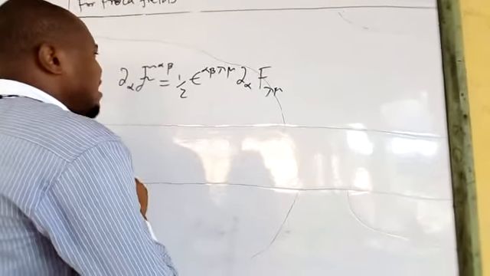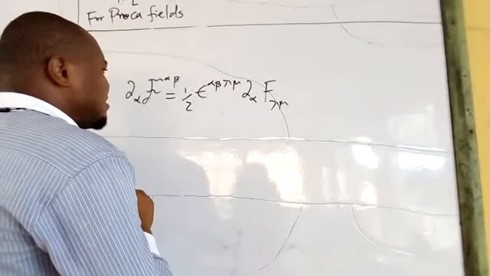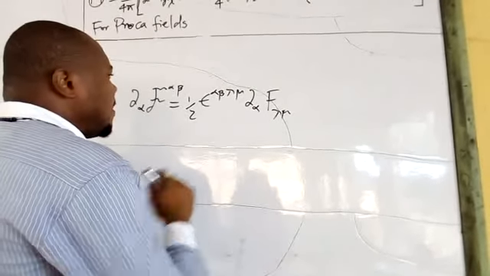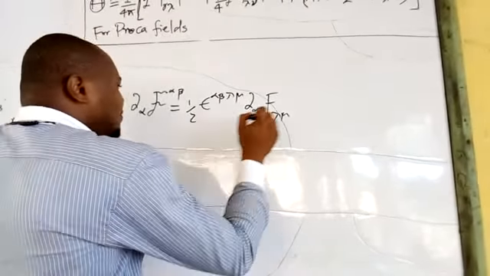In other words, I can try to look at two indices, but first of all, let me just expand this. This F lambda mu is the same thing as writing this as the lambda A mu minus the mu A lambda. If I were to put this in, then the alpha F lambda beta is equal to 1/2 epsilon of alpha beta lambda mu.